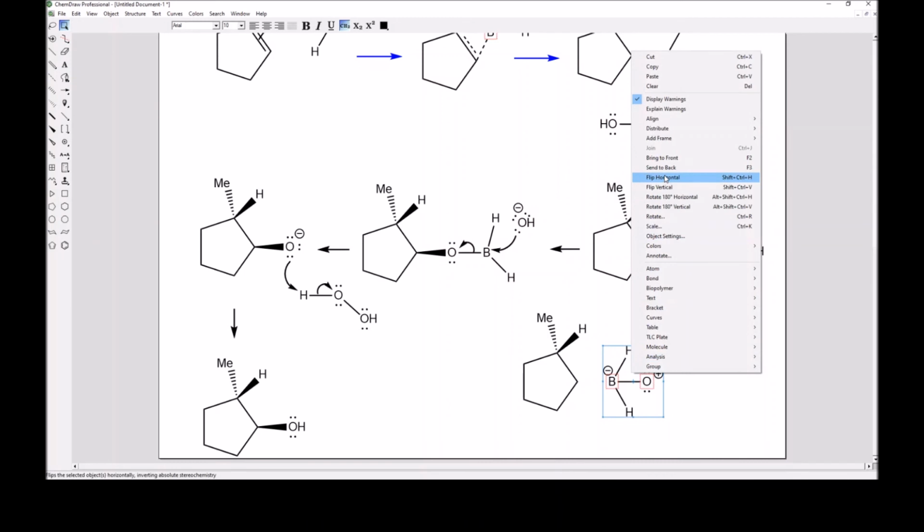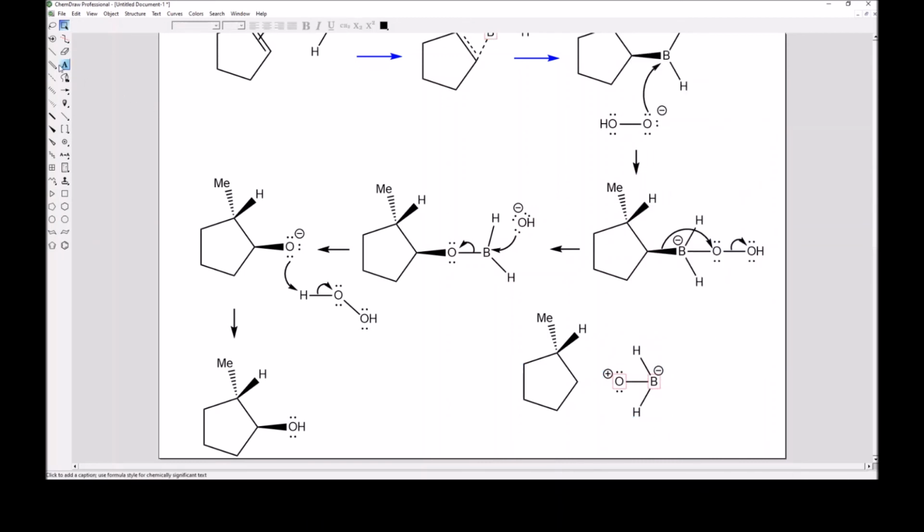It just flips horizontally. And then reconnects that bond without changing the chiral center. Let's get rid now, and that gets rid of the positive charge here and the negative charge right there. And that's what I tried to show. That's what these 2 arrows right here, this arrow and that arrow, kind of show what I tried to show in stop motion animation. And this is this compound right here.